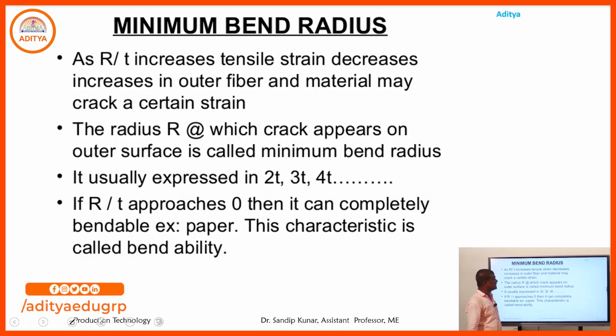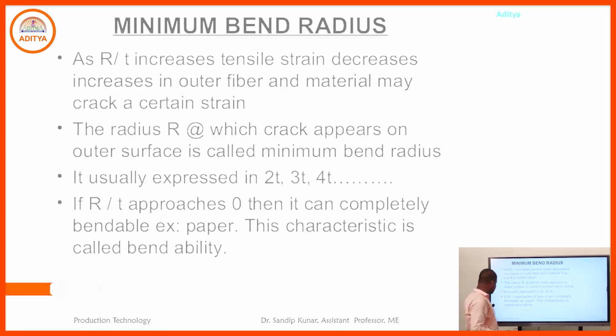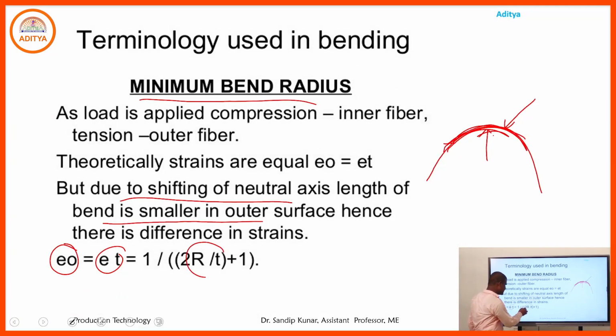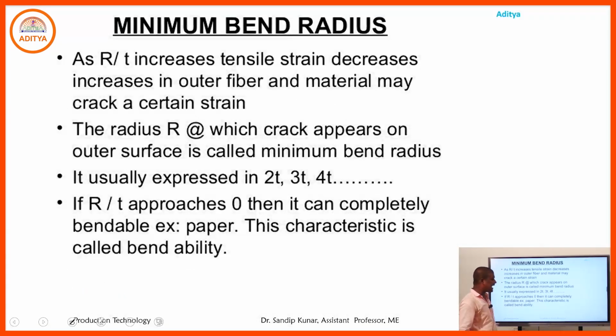Minimum bend radius. If we increase R by T, the bend radius to thickness ratio, the tensile strain decreases, but the strain on the outer fiber increases and the material may crack at a certain strain.